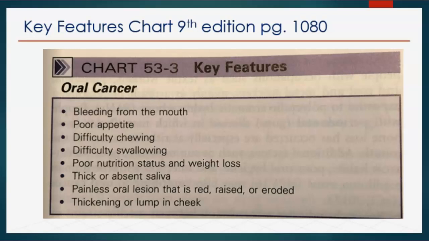That's one good thing about going to have your teeth checked, because the dentist will actually screen you. So the lack of that screening puts a patient at risk for not being identified as having oral cancer. So just remember that the biggest risk factors for having oral cancer are tobacco and alcohol use.